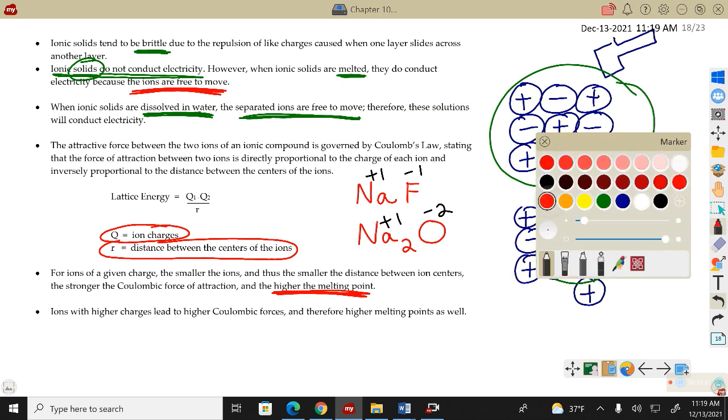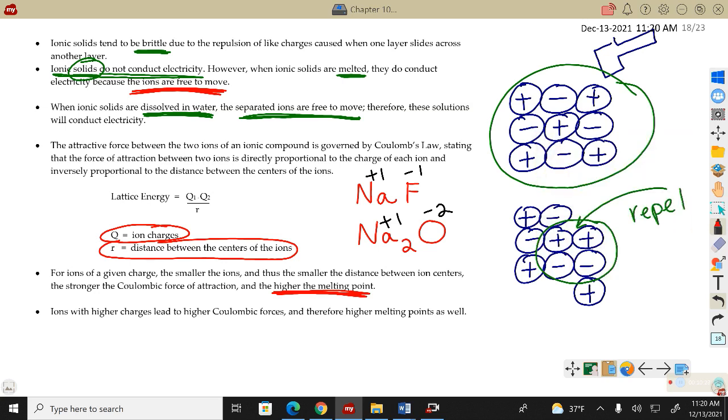Or we mentioned maybe a combination like this. If I have something like sodium fluoride versus sodium chloride.